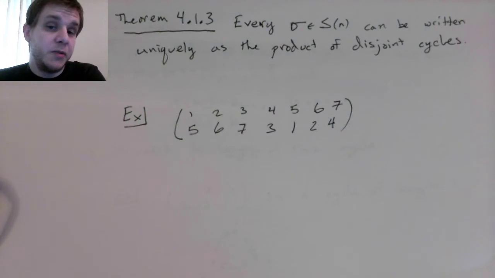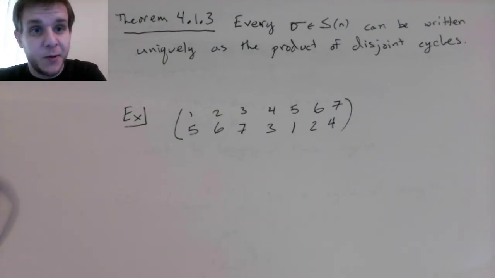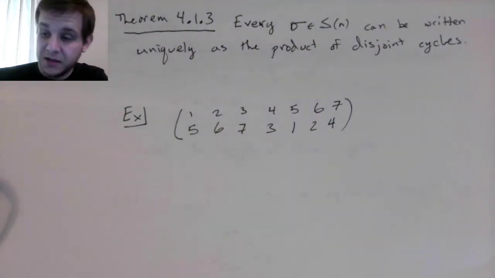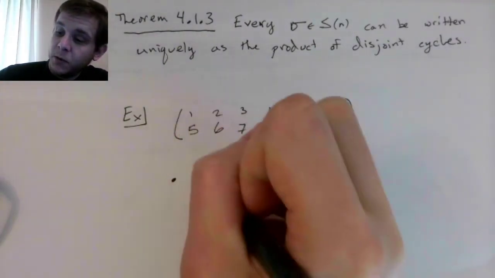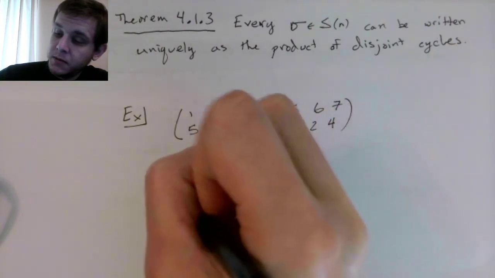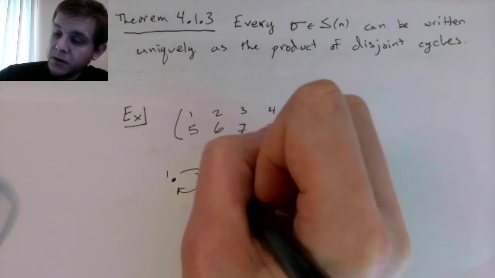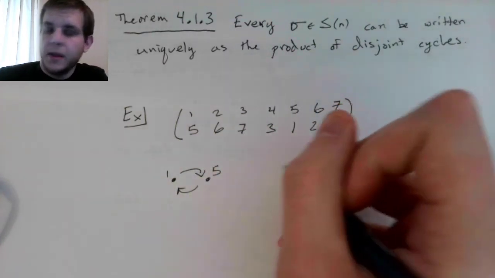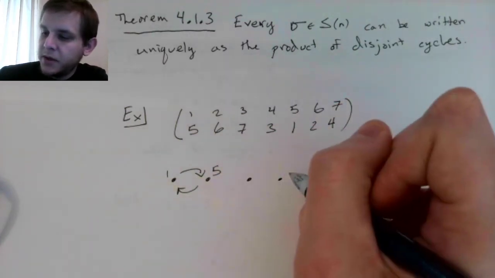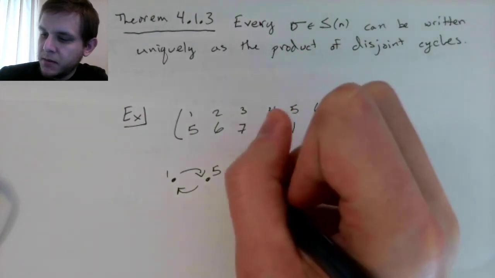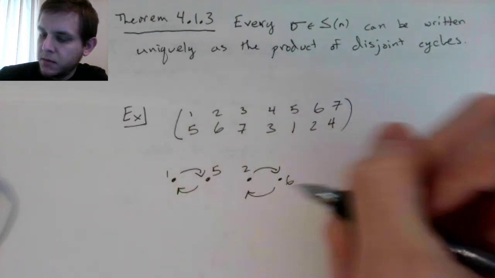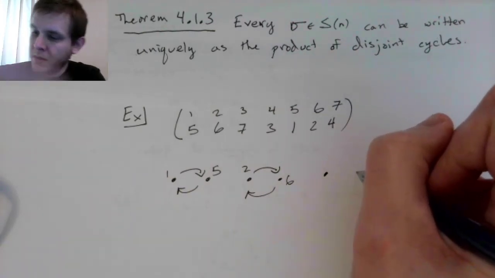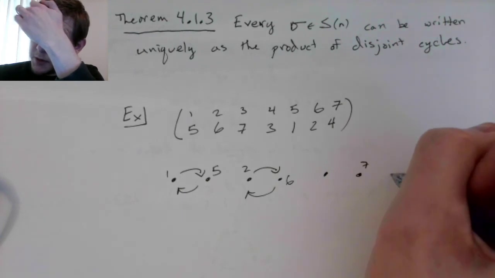All right, so this is an example of a permutation, and maybe you can see from the way that I pasted and filled in the permutation what the cycle structure is. I have 1 and 5, which are permuted between themselves, so this is a cycle of length 2. I have 2 and 6, and then I have 3, 7, and 4.